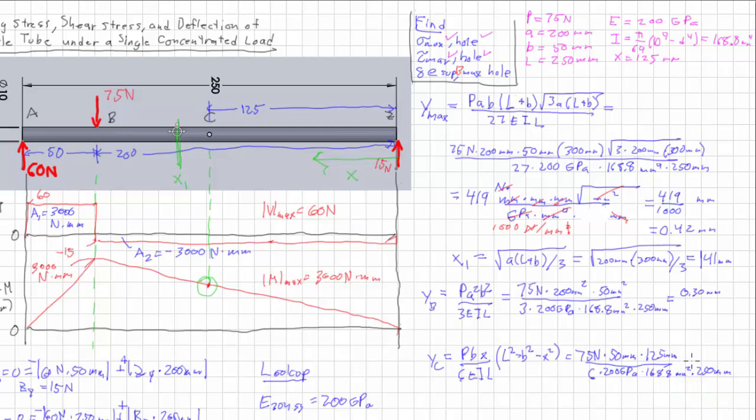And then there's this L squared minus B squared minus X squared. So we'll have to bring that down to a new line. B is 50 millimeters. And again, X is 125 millimeters.